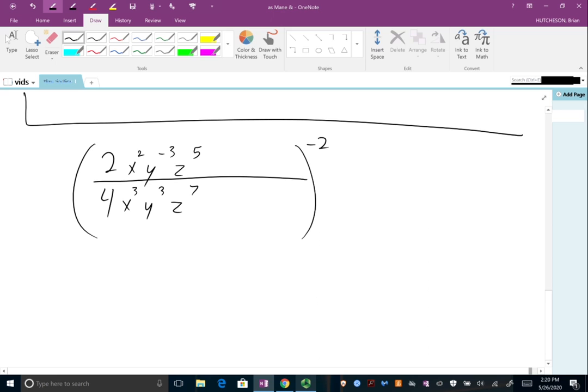Well, it's PEMDAS all over again. So we look at our parentheses. Is there anything in the numerator that we can tackle? Well, I have a 2, I have an x, a y, and a z. There's nothing I can mess with. Then you look in the denominator and you have a 4, an x, a y, and a z, and there's nothing I can mess with.